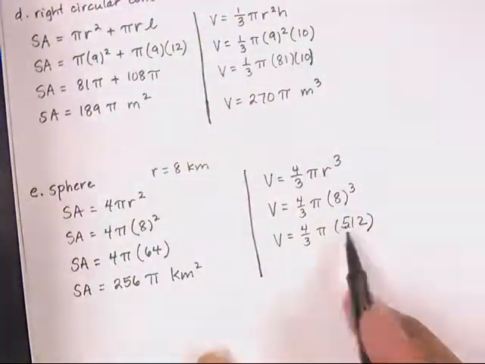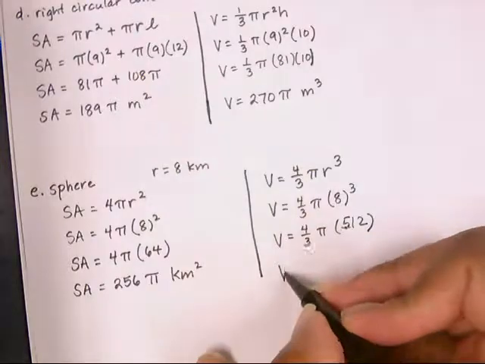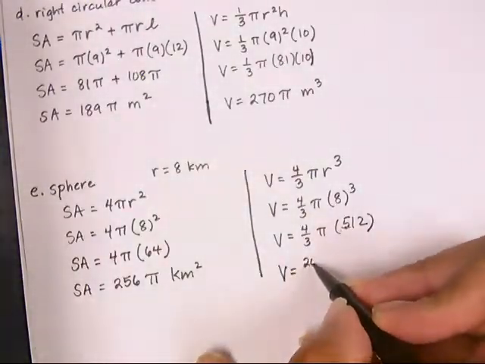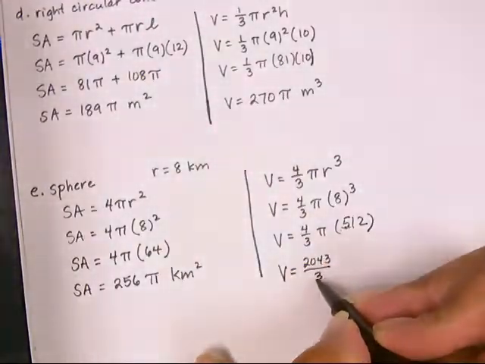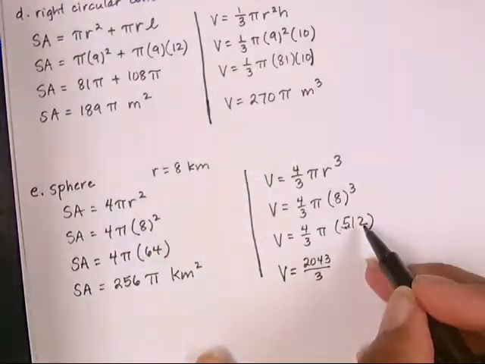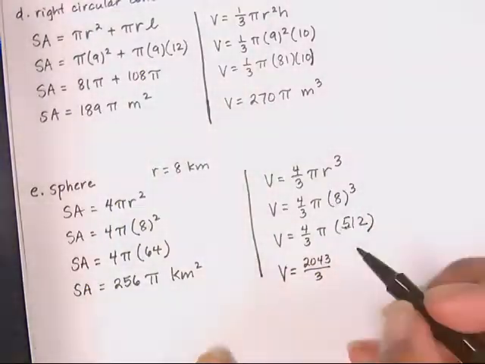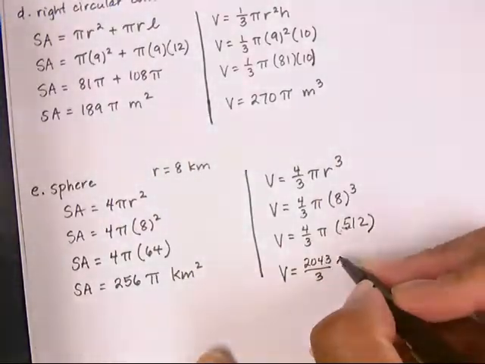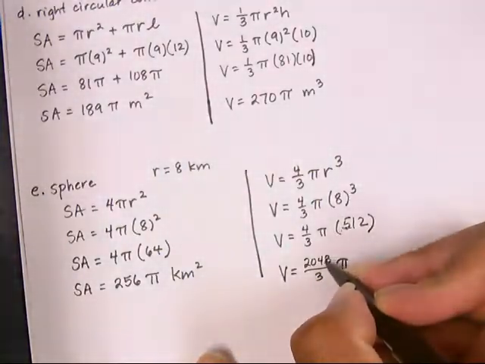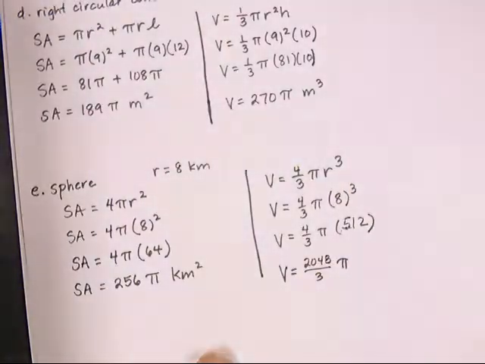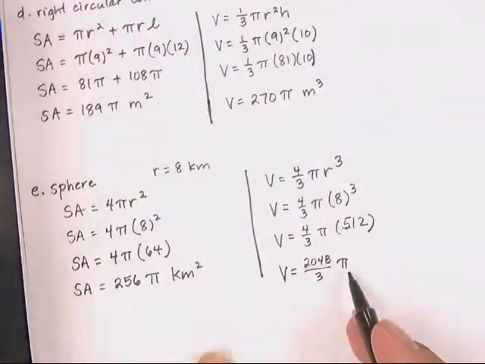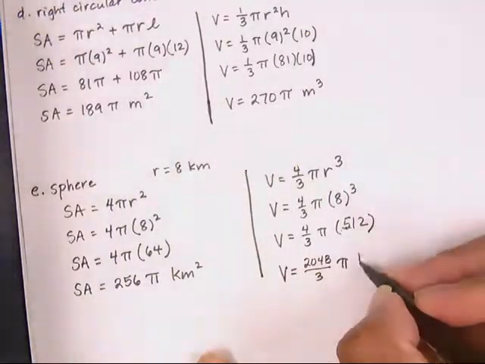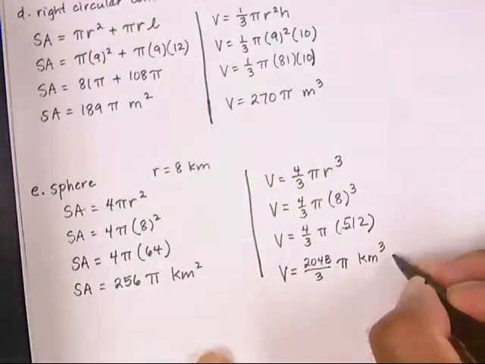And then if I multiply the 512 times the 4, this will be 2,048. That's going to be divided by 3 because I'm treating 512 as 512 over 1. So this would be 2048, not 2043, 2048 over 3 times pi, and that's going to be cubic kilometers.